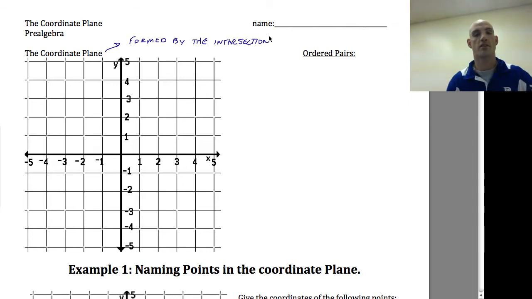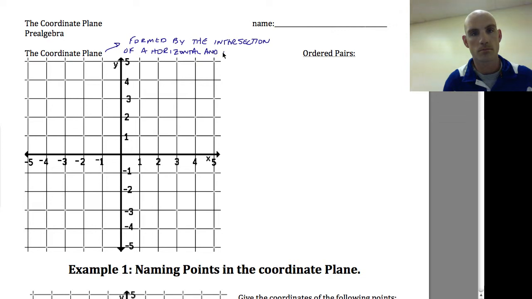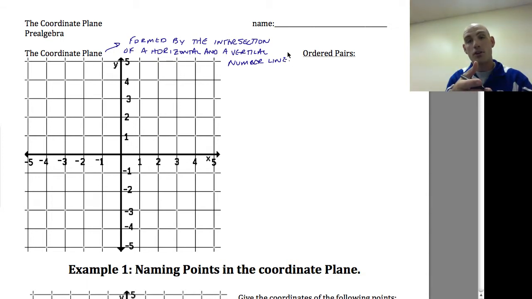One is horizontal and one is vertical. A horizontal and a vertical number line. So one of them is called the x-axis, one of them is called the y-axis.